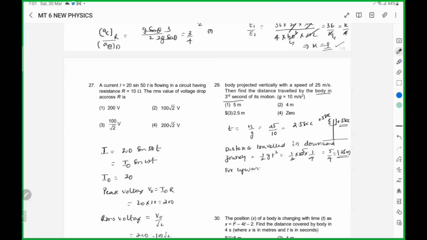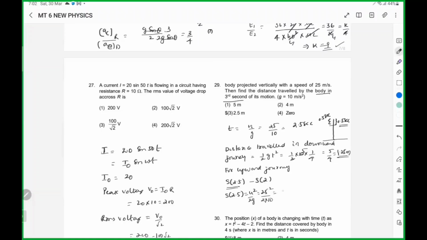For upward journey, distance traveled in the last 0.5 seconds is distance traveled in 2.5 seconds minus distance traveled in 2 seconds. Distance traveled in 2.5 seconds is maximum height, u square by 2g, 25 square by 2 into 10.